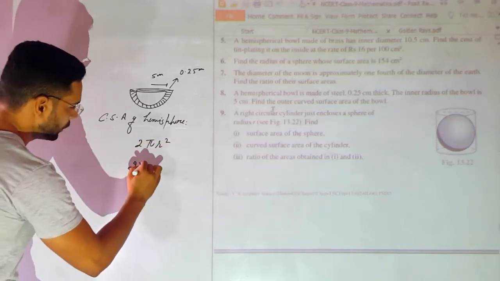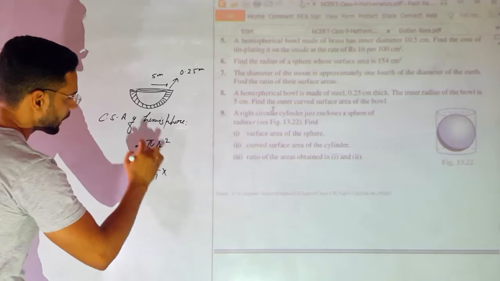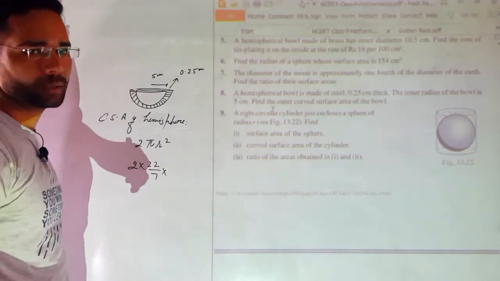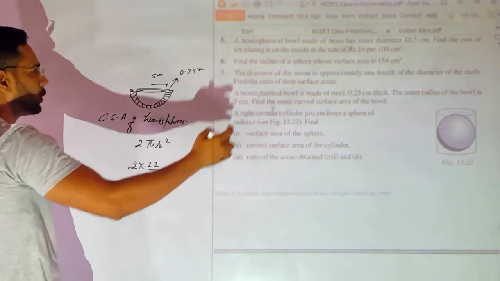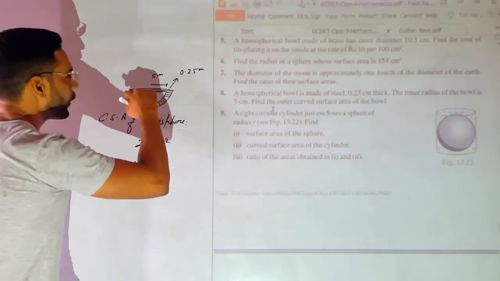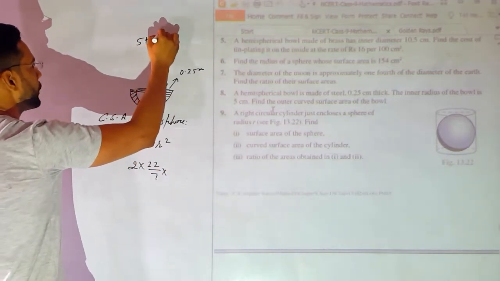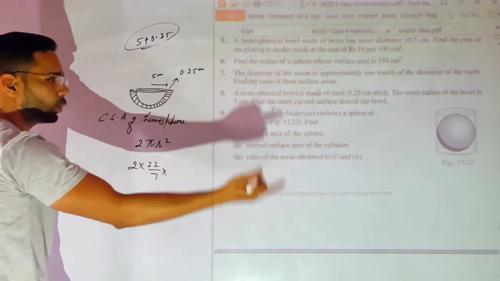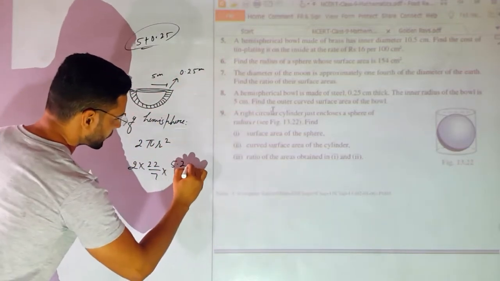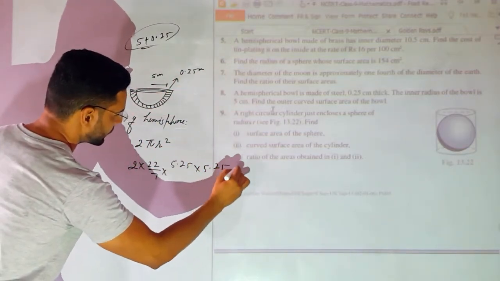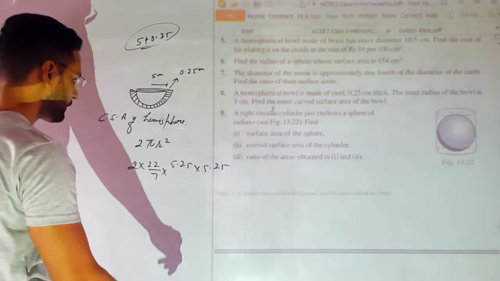Now we have the inner radius, so the outer radius will be 5 plus 0.25, which is 5.25.